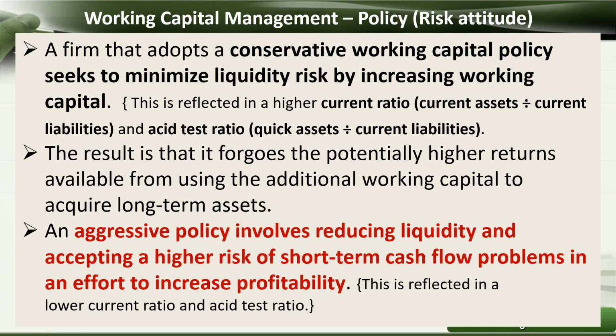An aggressive policy involves reducing liquidity and accepting a higher risk of short-term cash flow problems in an effort to increase profitability. This is reflected in a lower current ratio and acid test ratio. When you have a lower current ratio, it means we are following an aggressive policy in order to get better returns.